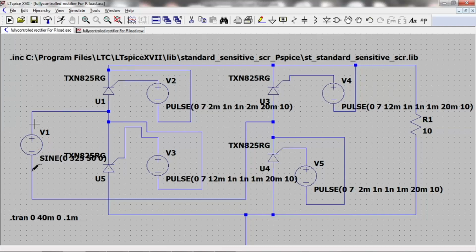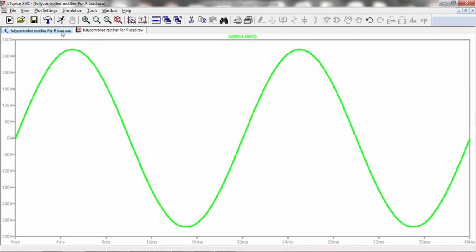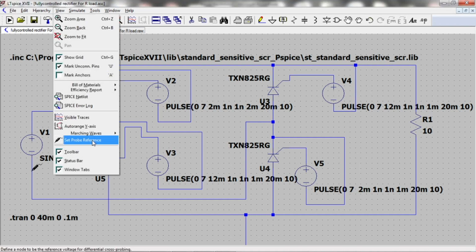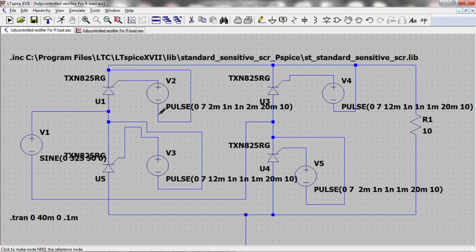Right now I will show you the input voltage and also the gate voltage. This is the voltage which we are applying to SCR1, and a similar voltage we are applying to SCR4.